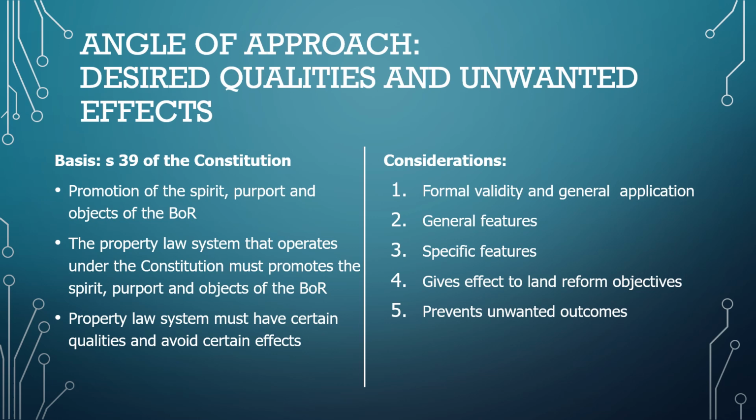This is then where the desired qualities and unwanted effects test comes in, because the legislation or the provision must not be arbitrary, or arbitrarily deprive someone of their property in order for it to survive the desired qualities and unwanted effects test.